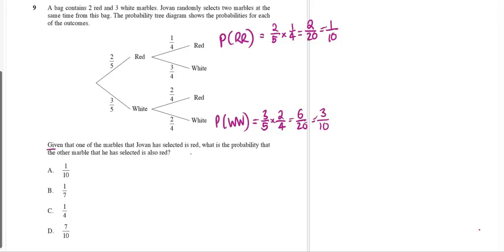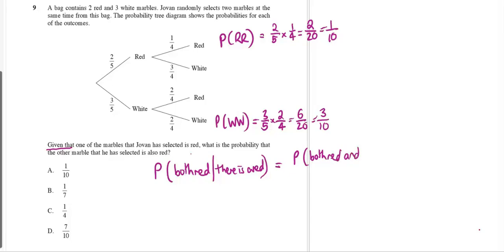Okay, so as soon as you see those words given that, you know that you're going to be using conditional probability. So the probability of both red, given there is a red, using the formula, is the probability of the AND case, both red and there is a red, divided by the probability there is a red.